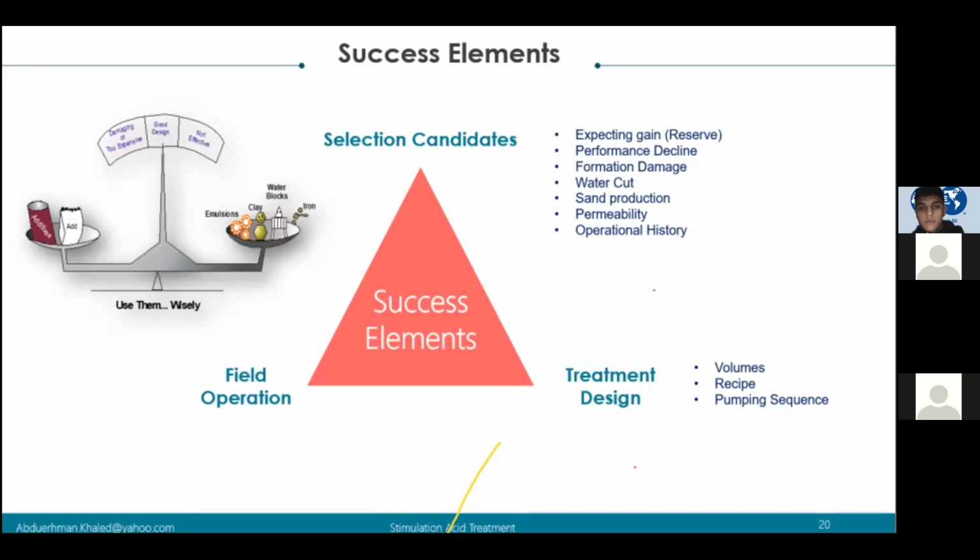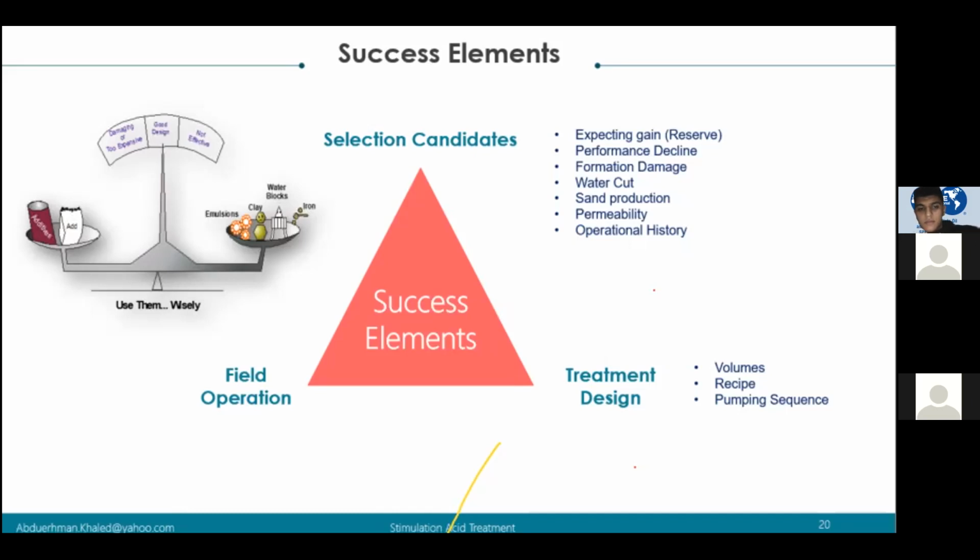And then we have the volumetric requirements. The volume of the main stage of treatment is determined first, according to the radius of the damage that you have, then the pre-flush and after-flush volumes are calculated subsequently, based on the volume of the main flush.